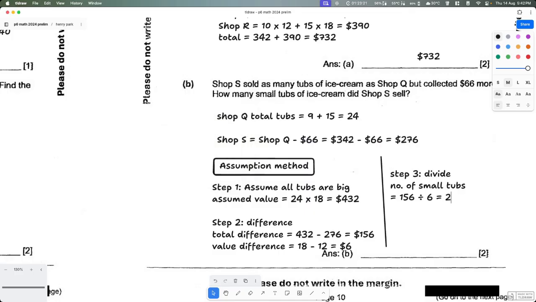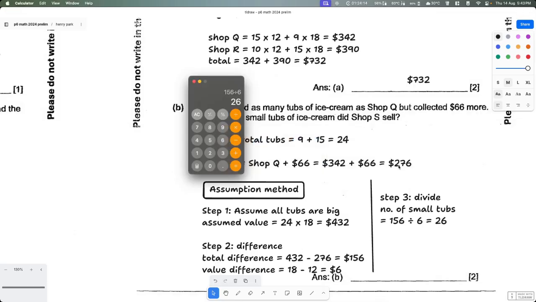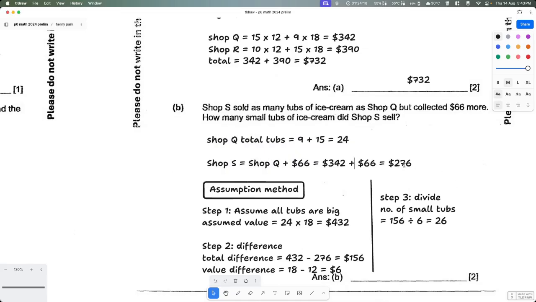Wait, sorry, okay, my bad. It's actually plus, because shop S collected $66 more. So this should be plus 66 instead. So 342 plus 66 will be 408.